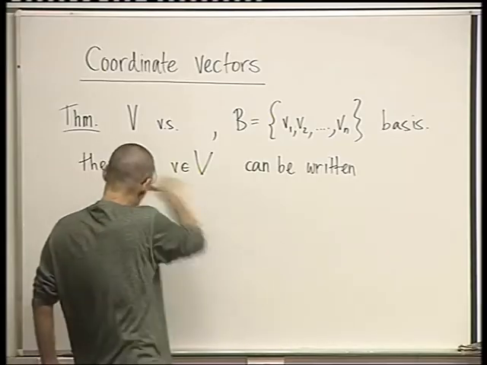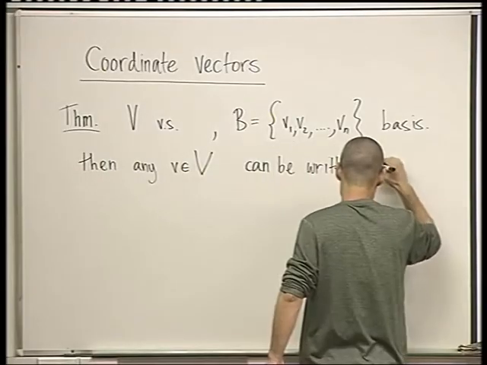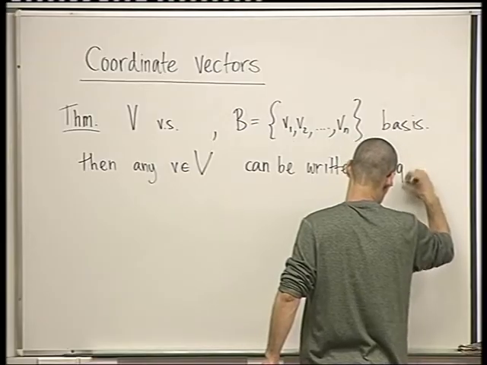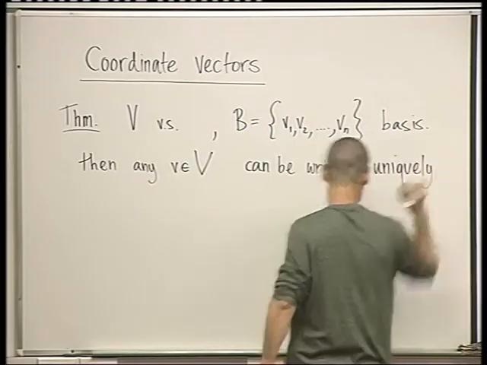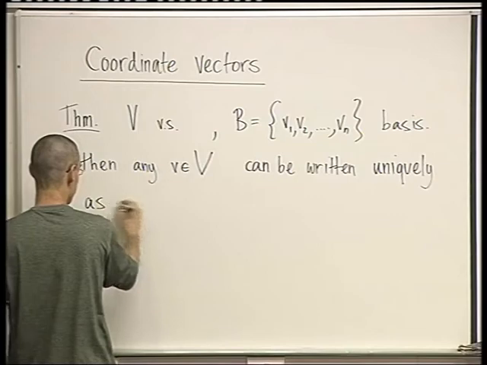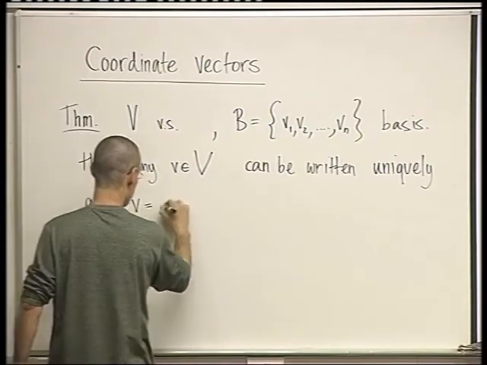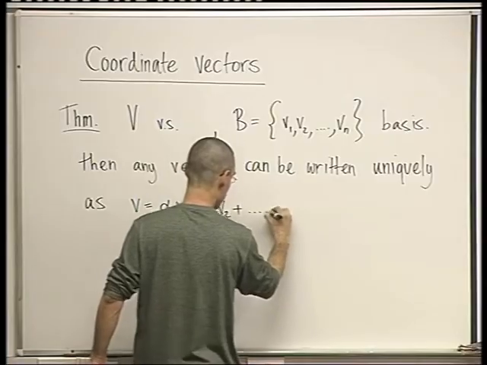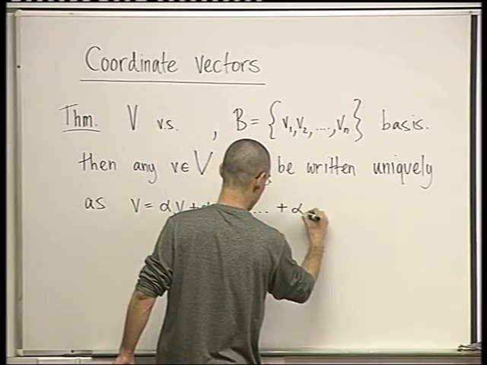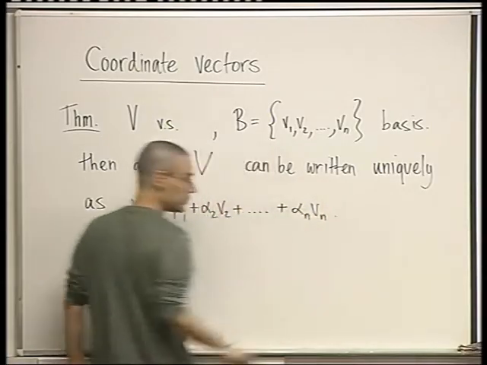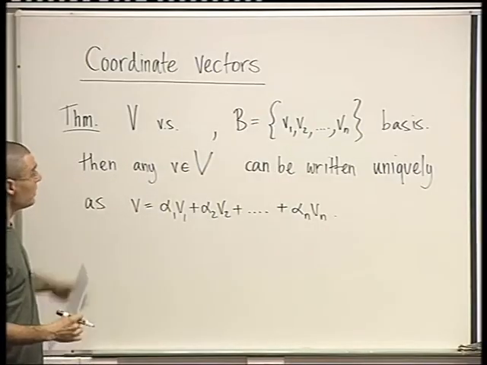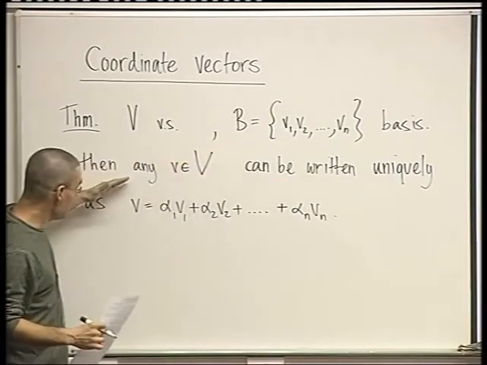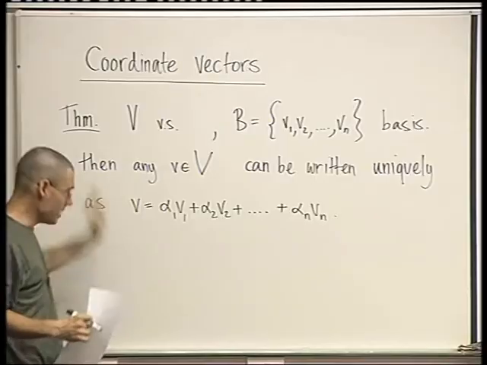But the important word in this theorem is can be written uniquely as V equals alpha 1 V1 plus alpha 2 V2 plus alpha n Vn. Okay, so if you take a basis, any element can only be written in one specific way.